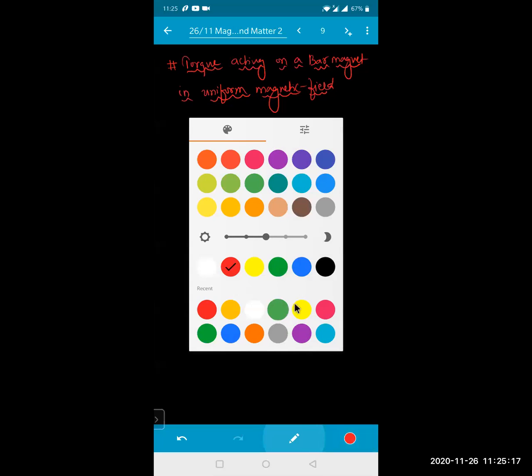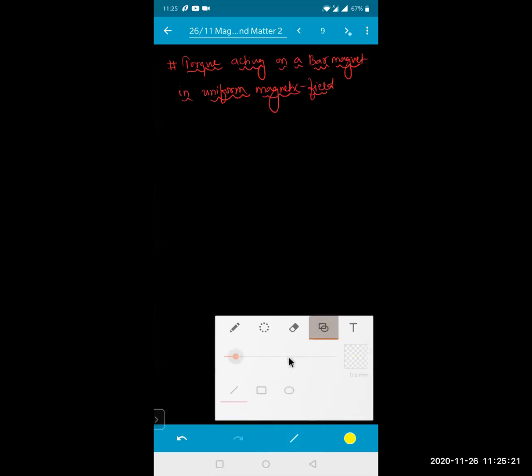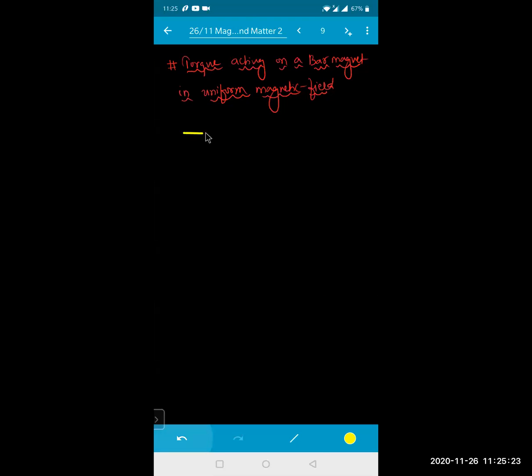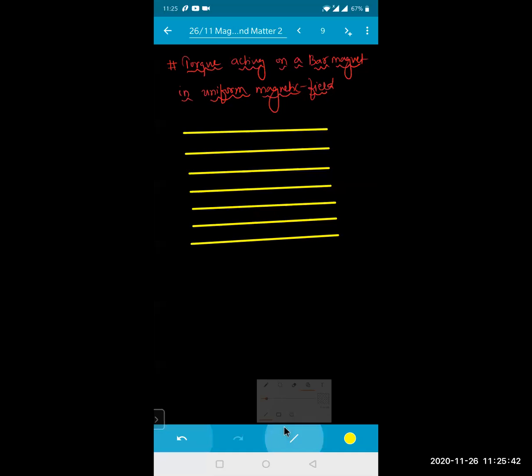Okay, so we are talking about the torque acting on a bar magnet in a uniform magnetic field. Look, let's say for example there is a magnetic field like this. This is your magnetic field, uniform. Okay, so this is the direction of your magnetic field.